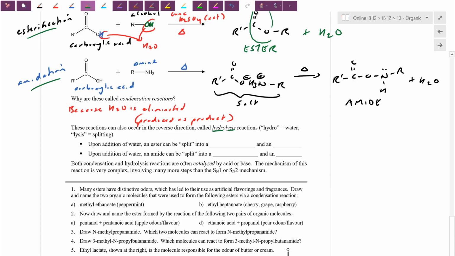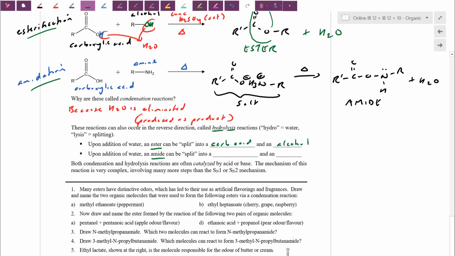Since we pulled away water to glue the parts together, I can actually add water and I can cause it to split up again. An ester was made out of carboxylic acid and alcohol. If I add the water back, I reform the alcohol and reform the carboxylic acid. So we can end up forming my carboxylic acid back, and I can have my alcohol back.